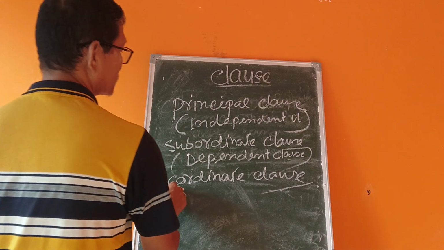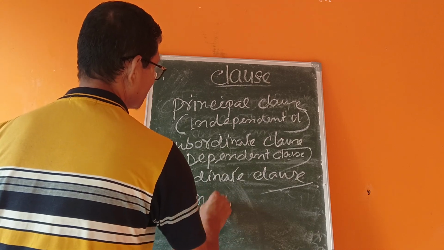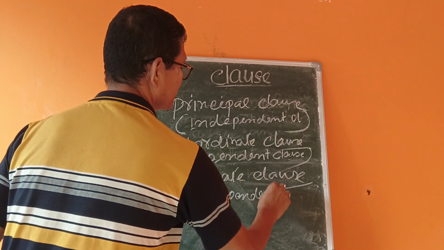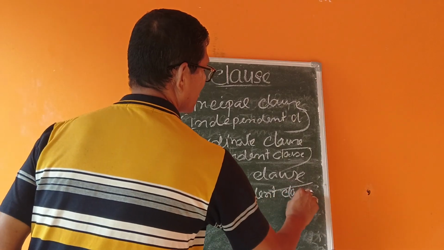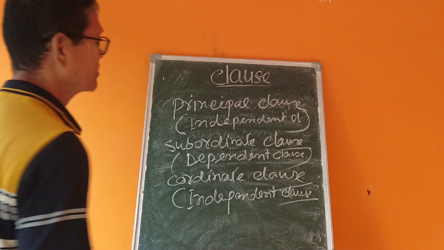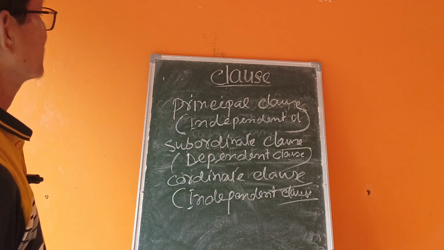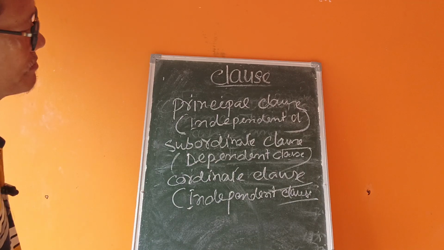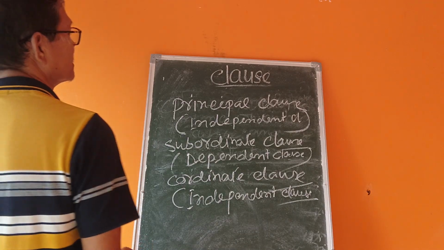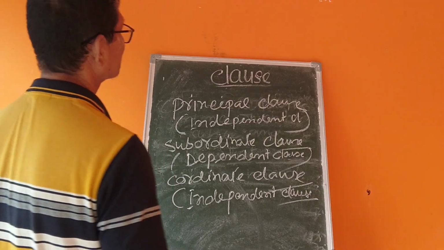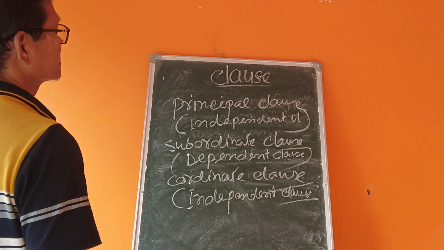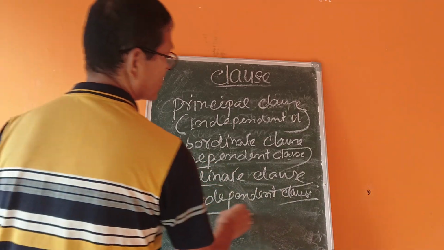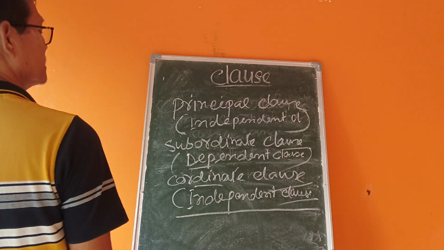Coordinate clause is also called independent clause. Students may have doubt about this. Sometimes it is called principal, independent, or main, but they are all the same.